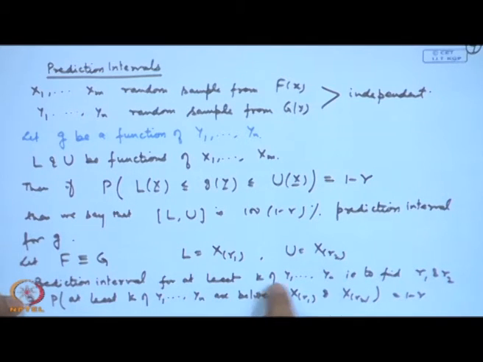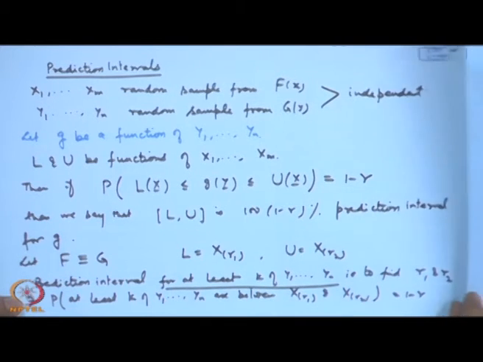I want this probability to be 1 minus gamma. So, we want a prediction interval for this.